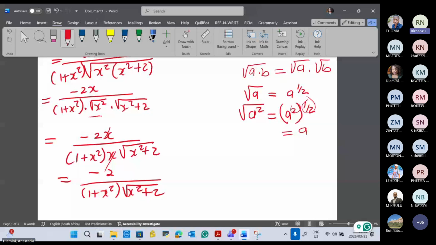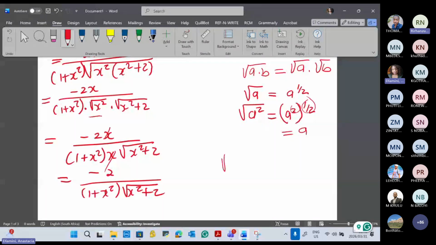Ma'am, are we allowed to separate it, like the way you did the square root of x squared and the other third part? Yes, but remember, the square root of a plus b is never the square root of a plus the square root of b.